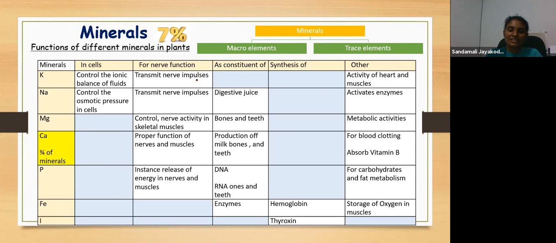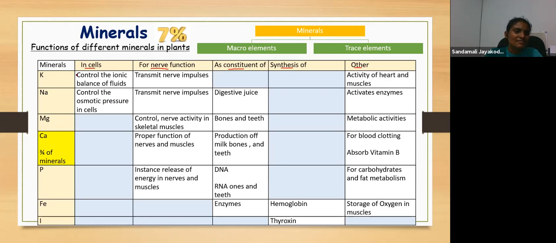You have to just select the answer, so you can just remember what those are. So I have grouped them according to their function in cells, their functions for the nerve function, what they act as a constituent of, what they synthesize, and the rest of them are in a group named other. So you can easily remember this in this way.